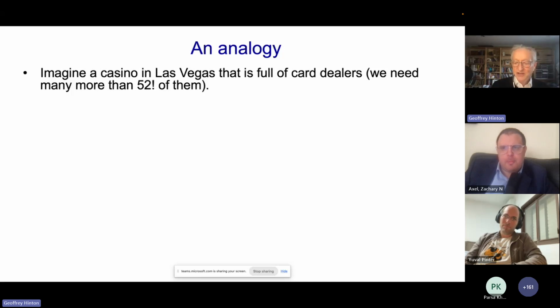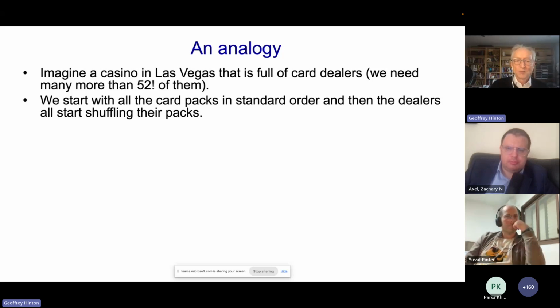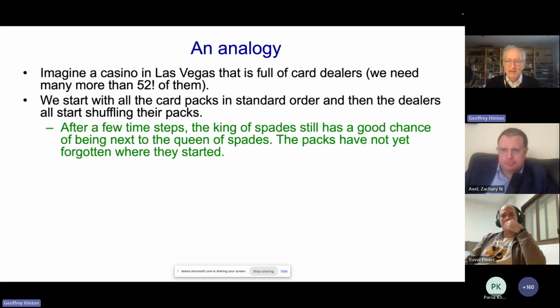As they start shuffling, you'll get many more different configurations of the packs of cards. But soon after they started shuffling, the king of spades is still quite likely to be next to the queen of spades. They haven't split them apart yet. After only a very short time, there'll still be many more configurations of card packs where the king of spades is next to the queen of spades.